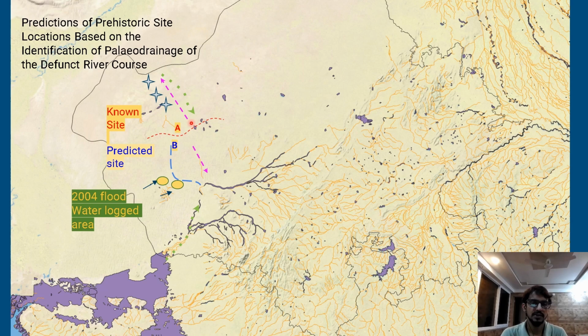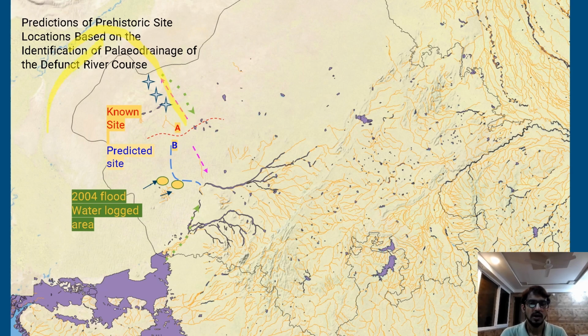Then we started thinking that in association with the drainage map, there is a possibility that this drainage is going west, and there are chances that it was joining the Indus maybe, or it was going parallel to the Indus. We don't know.